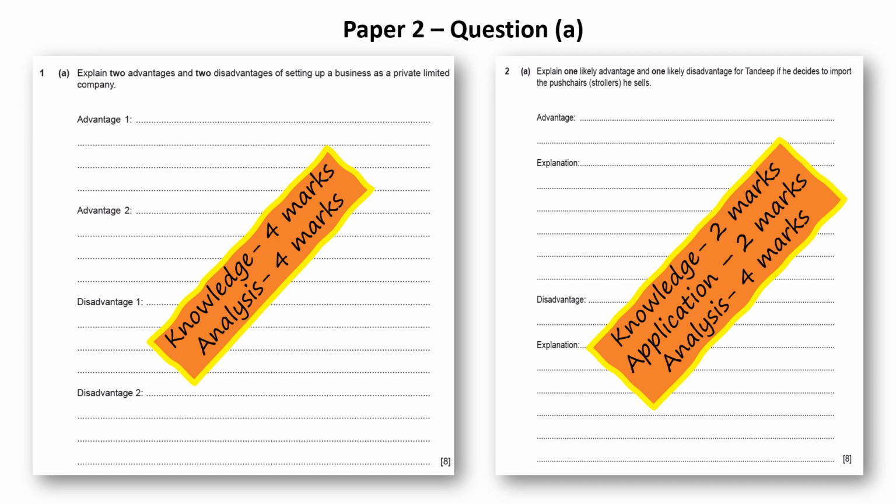And the third part for question A is like this. Explain 2 advantages and 2 disadvantages of VP's restaurant managers, VP's restaurant managers being the application part from the case study, delegating tasks to the assistant managers.